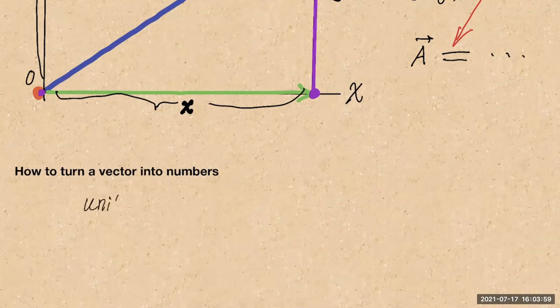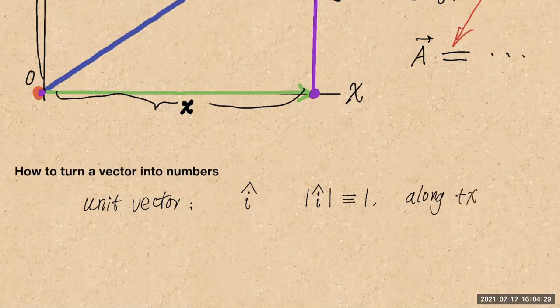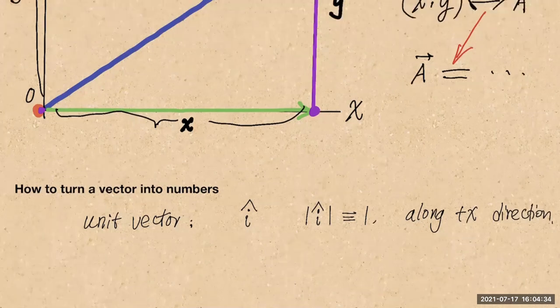Unit vector along the x direction, i. i is a vector, and I typically use a cap to indicate it's not just any vector, it's a unit vector, meaning that its magnitude equals 1. i is defined such that the magnitude of i, which we put in absolute value signs, is defined as 1, and along the positive x direction. This is what I define as a unit vector along the x direction. So here is the unit vector, like this, that's i.